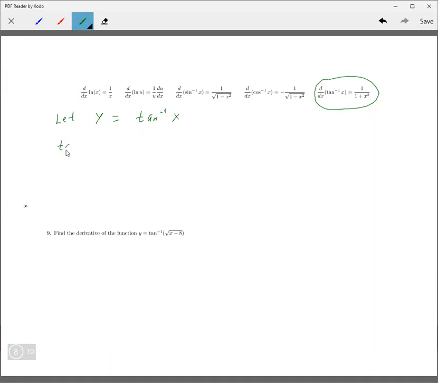If you take the tangent of both sides, then all this just becomes x. So tangent y equals x. And then we do implicit differentiation. This is the secant squared of y, and this is 1.